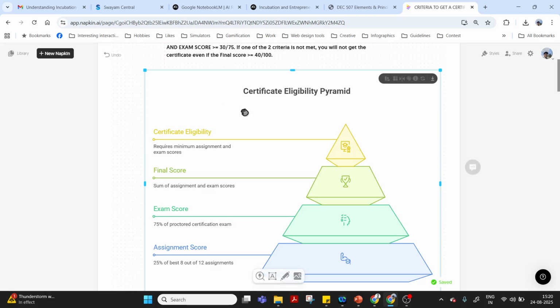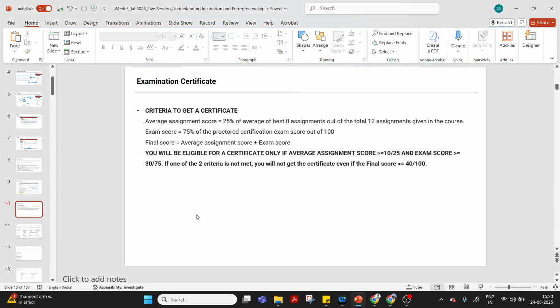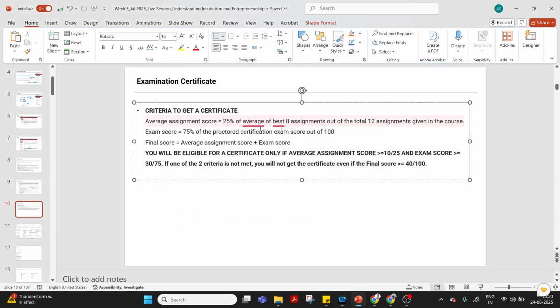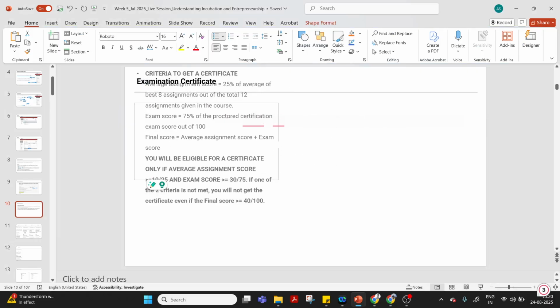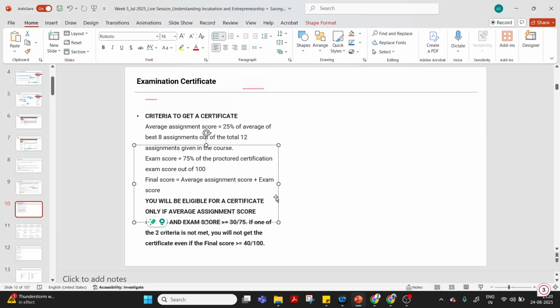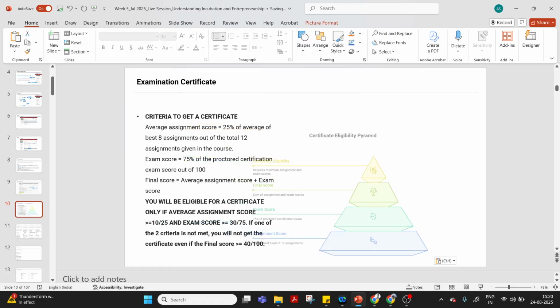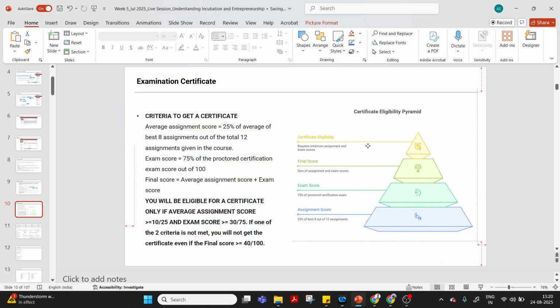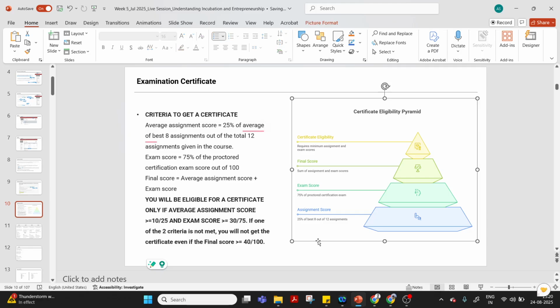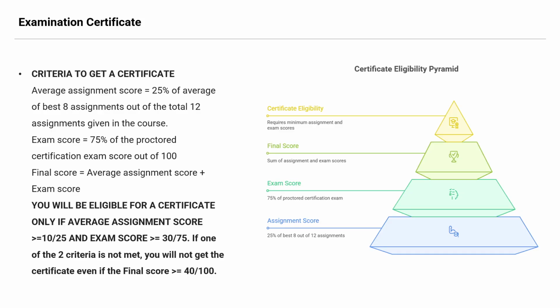What we'll do is we'll just copy it and paste it here. So this is something which is very quick. You can utilize this tool. It's created through Napkin AI.